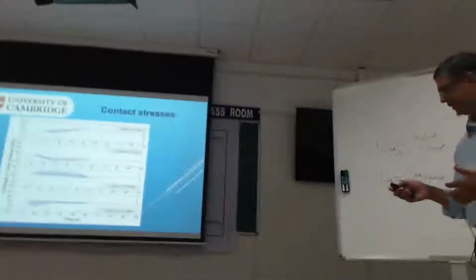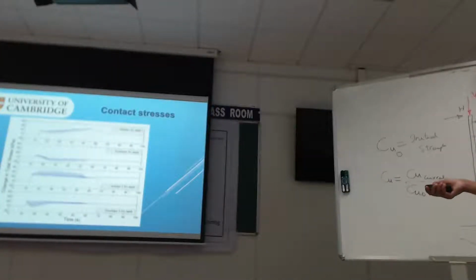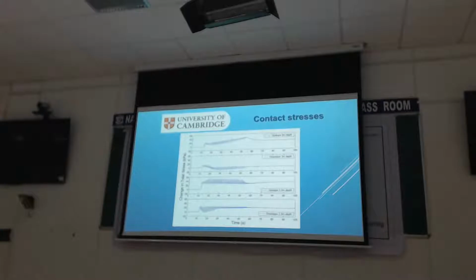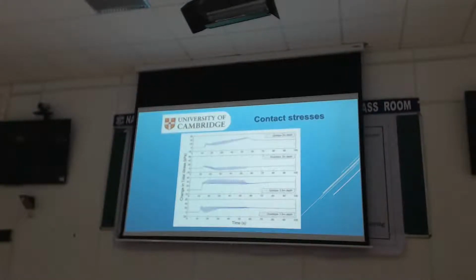So if you do that, again looking upslope and downslope for the rigid and flexible piles, you get this picture of buildup of total stress upslope, and a drop in total stress downslope.